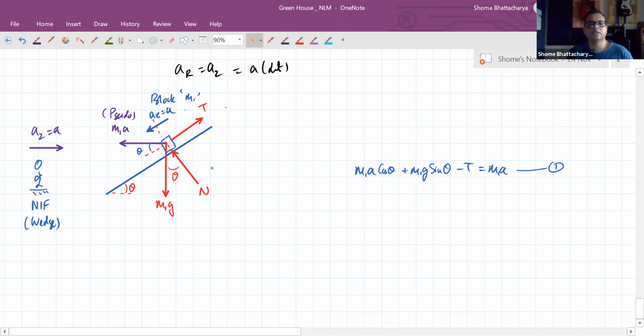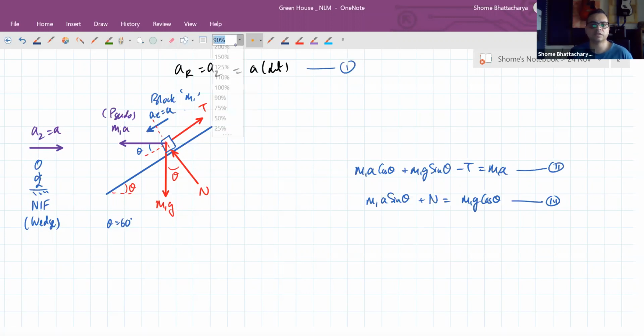And along the perpendicular direction, we have M1A sin theta plus normal reaction is balancing M1g cos theta, the second equation. Of course, theta is equal to 60 degrees, so we'll substitute that in the end. So this was our first equation. Sorry, this is our second and third equation. Now we have one extra variable of normal reaction. So we will definitely need one more equation.